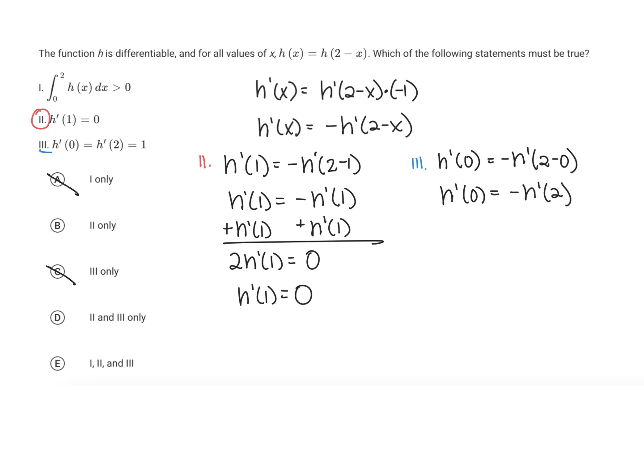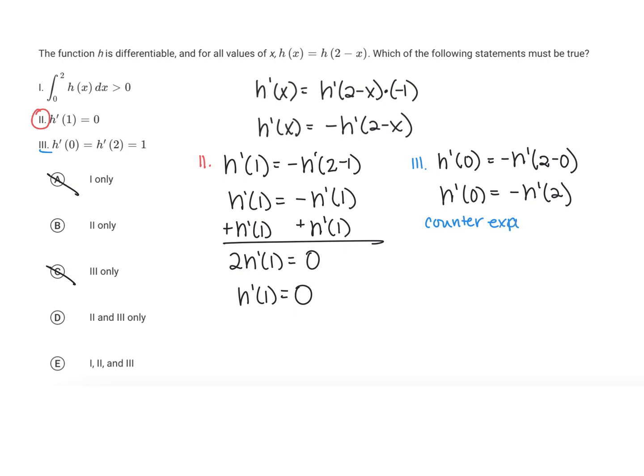So we're close to the condition, but I don't have a way to say with certainty. There's nothing I can do to add these. These are not like terms as they're written at the moment. I don't have any way with certainty to say that h prime of 0 equals h prime of 2, which equals 1. Also, let's look at a counterexample.